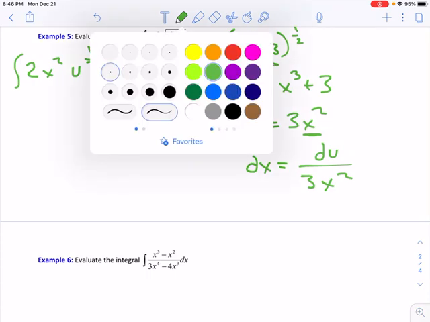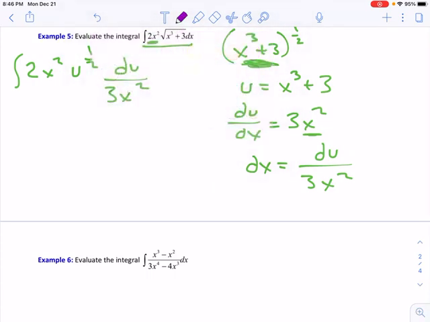And once again, I'll be a happy camper if the x's cancel out, which they do. So I can put the constants 2 over 3 out in front times u to the 1/2 du. Simple little power rule problem.